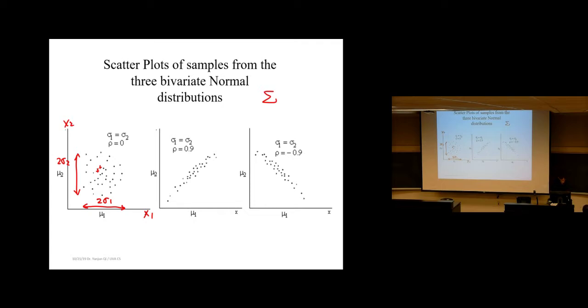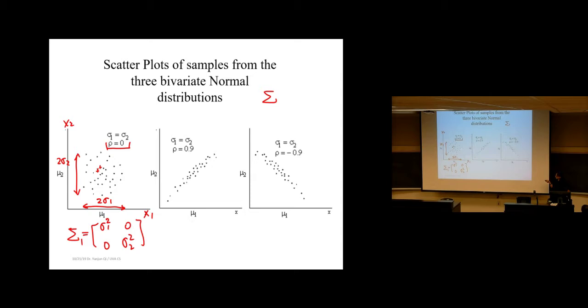Also remember this: when rho equals 0, and the data looks like that, what does it essentially mean? This specific sigma has 0 in the off-diagonal, with sigma 1 and sigma 2 on the diagonal. So what does this indicate?